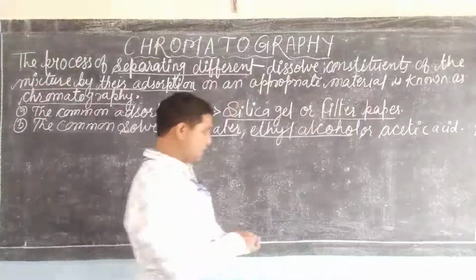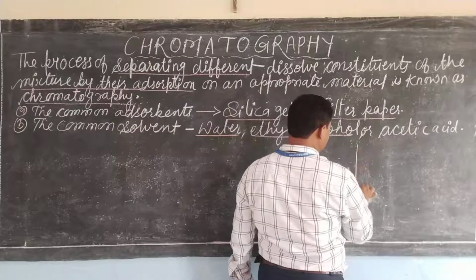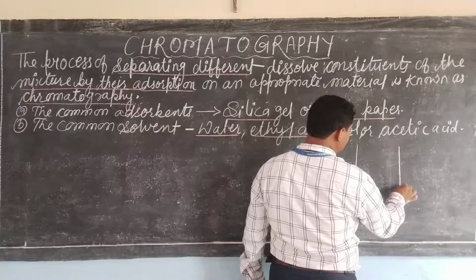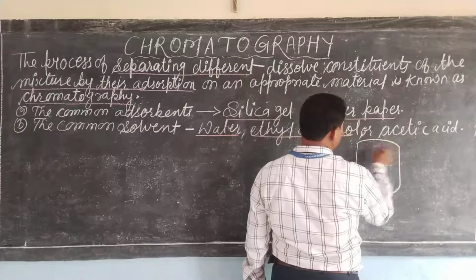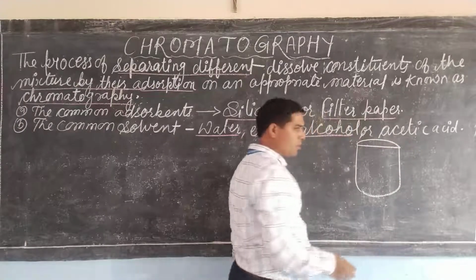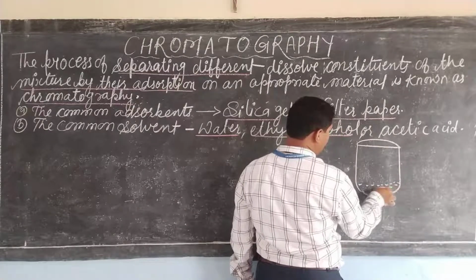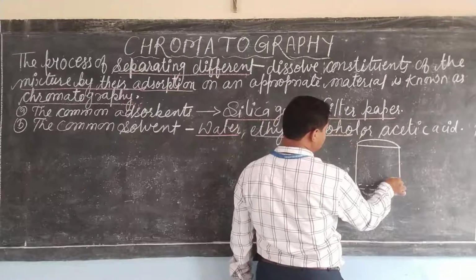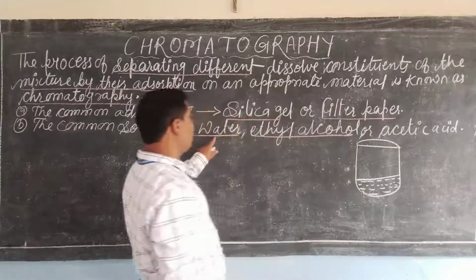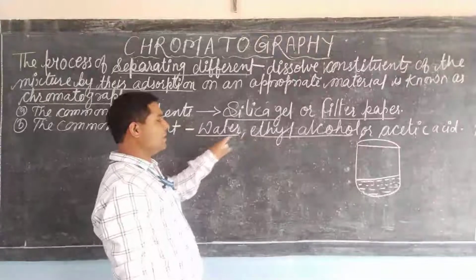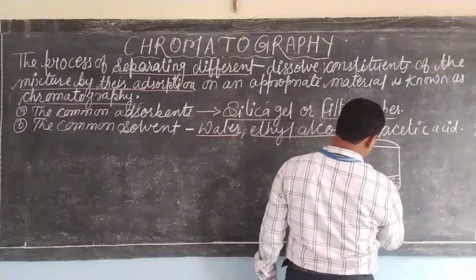So let us understand about it. Take a beaker with the solvent. The solvent can be water, ethyl alcohol, or acetic acid. Among these, one can be used as the solvent.